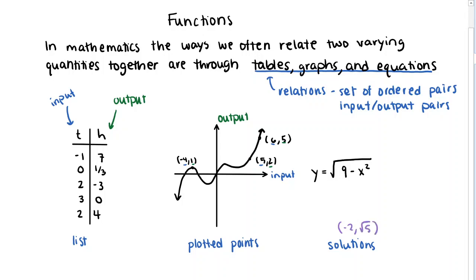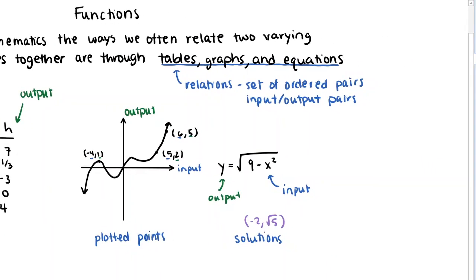I've done this one ahead of time, but we can check it: if we plug in -2 for our input variable, and here I'm just going to make the choice to call x our input variable and y our output variable, then we get out the square root of 5 to make our equation true. So pairs of numbers that make our equation true are solutions, and those are the ordered pairs being described by an equation.